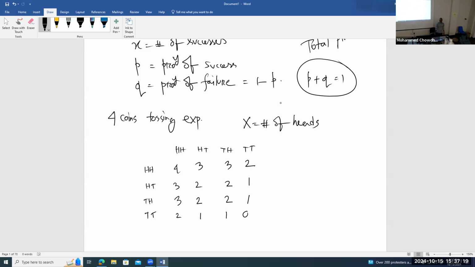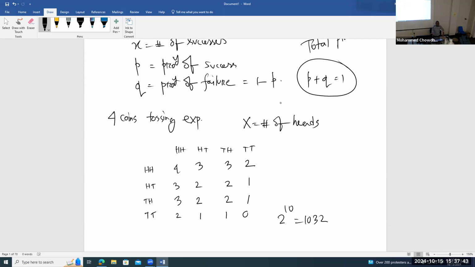And then I say to you, instead of tossing the coin 4 times, I want to toss the coin 10 times. Then how can you find the probability of getting exactly 7 heads? 10 times means how many sample points? 2 to the power 10, which is equal to 1024, right?